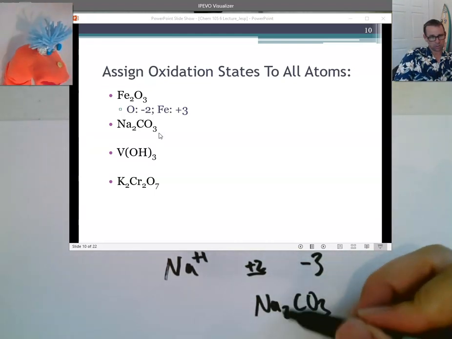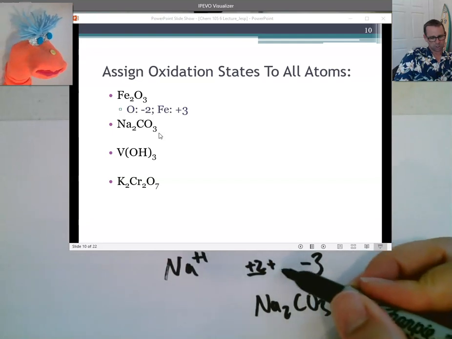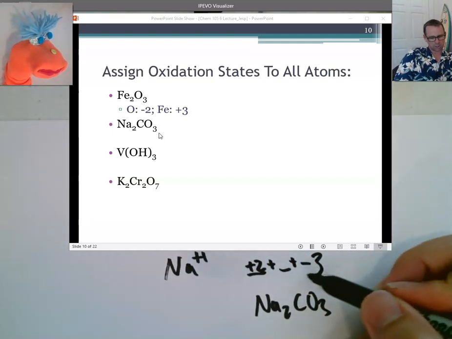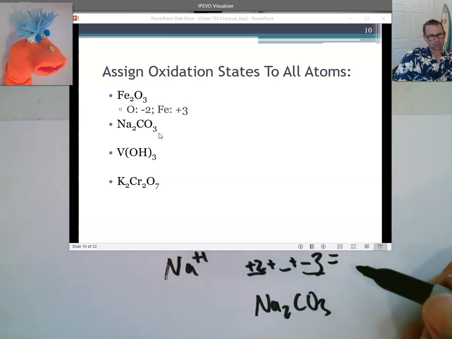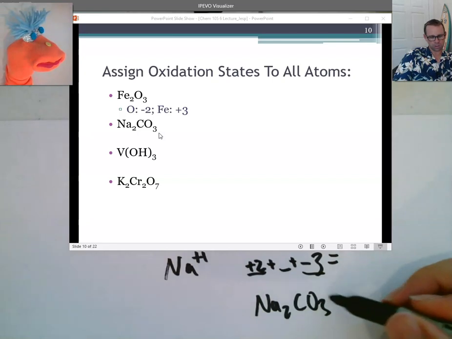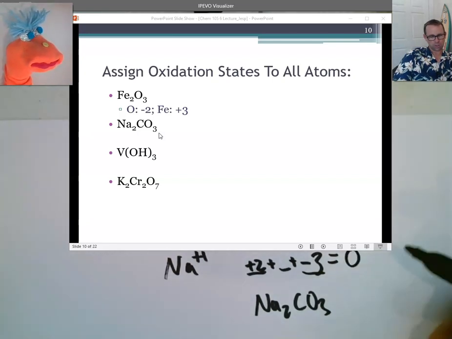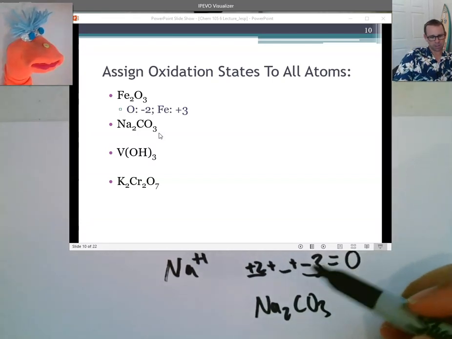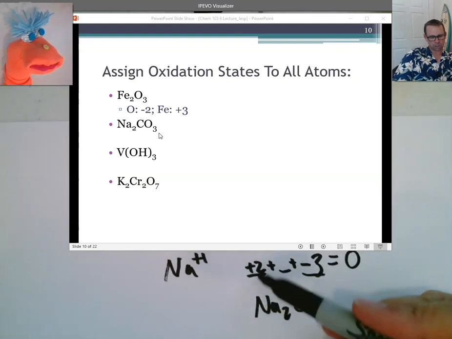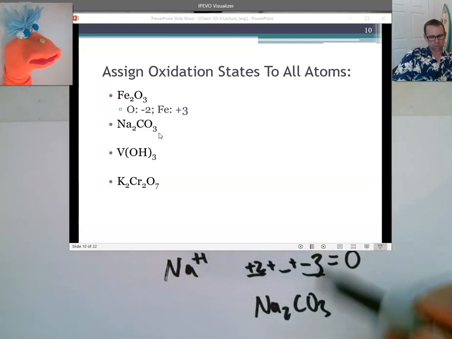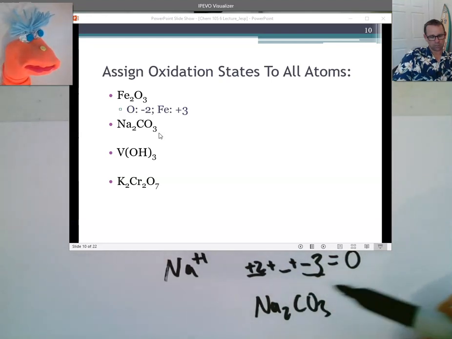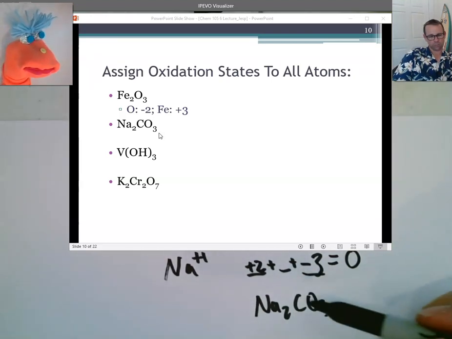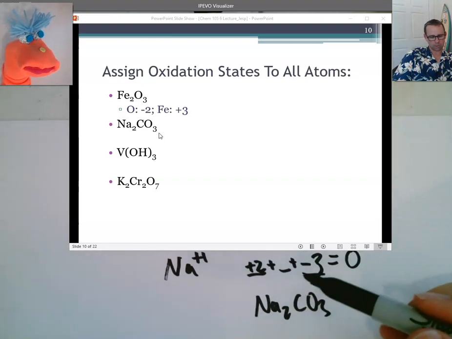So the +2 of the sodium, plus whatever the carbon is, plus the contribution from the 3 oxygens, has to equal what? 0, because there's no charge. By comparing what we do know, the oxidation states of the sodium and the oxygen, we can find out what the oxidation number for the carbon is.